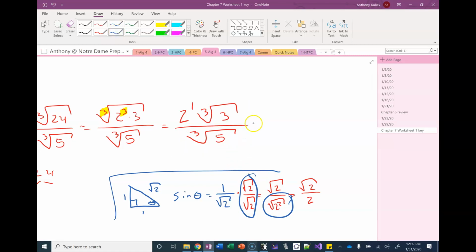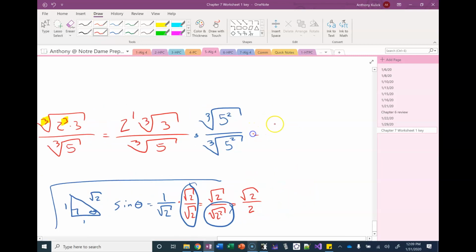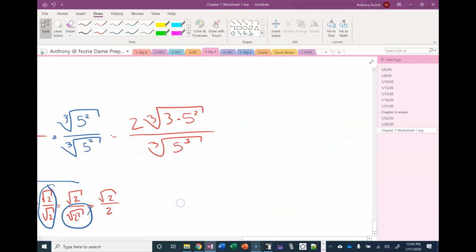So I'm going to multiply the top and bottom of this by the cube root of 5 squared. Everybody okay there? Now if we do the exchange in the denominator, I'm left with just 5, right?